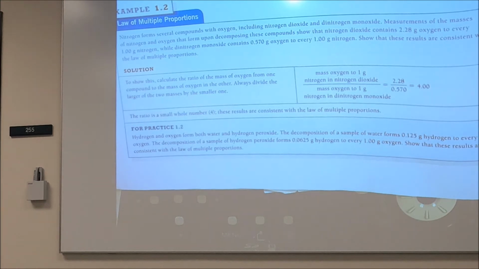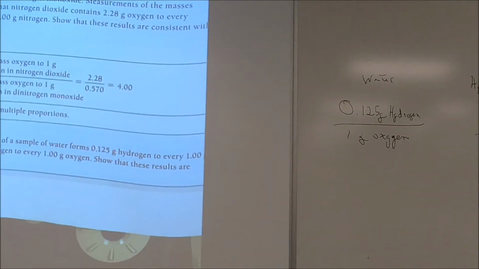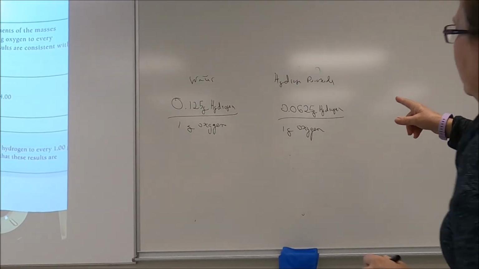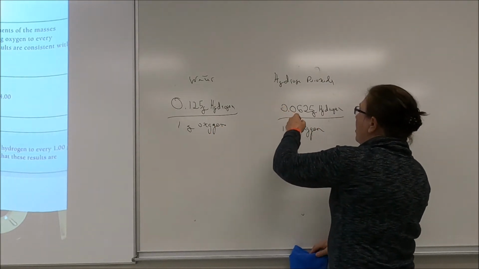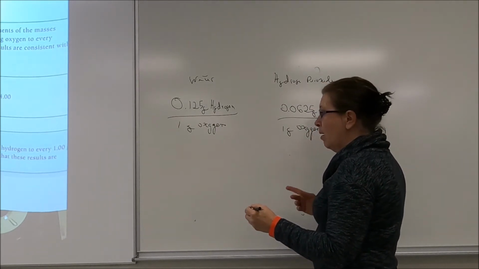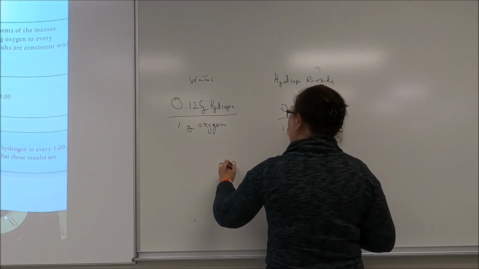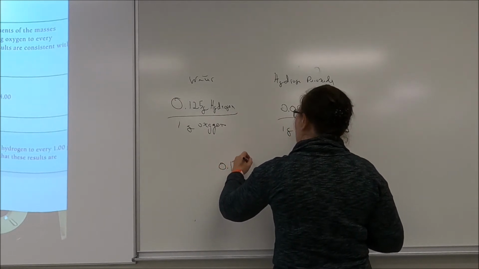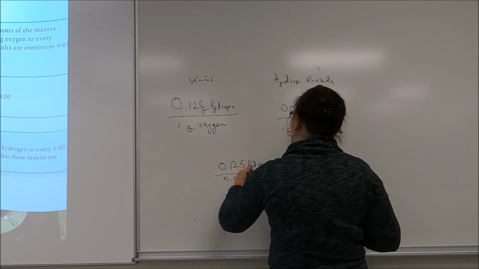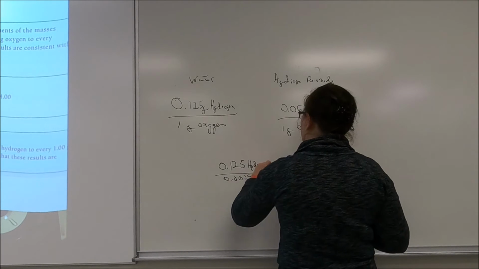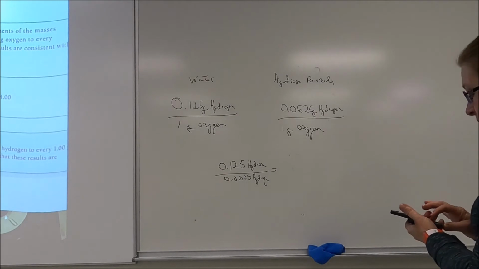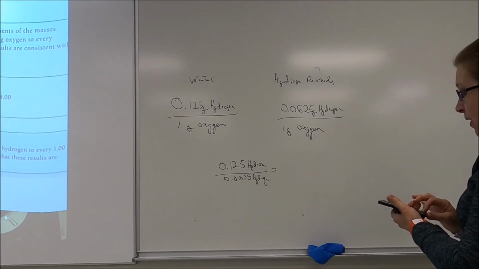Now, the law of multiple proportion says that when I compare the hydrogen for water, which combines with 1 gram of oxygen, to the hydrogen for hydrogen peroxide for 1 gram of oxygen, I should get a whole number ratio. So if I take 0.125 hydrogen over 0.0625 hydrogen, then what I'm going to get is 0.125 divided by 0.0625.